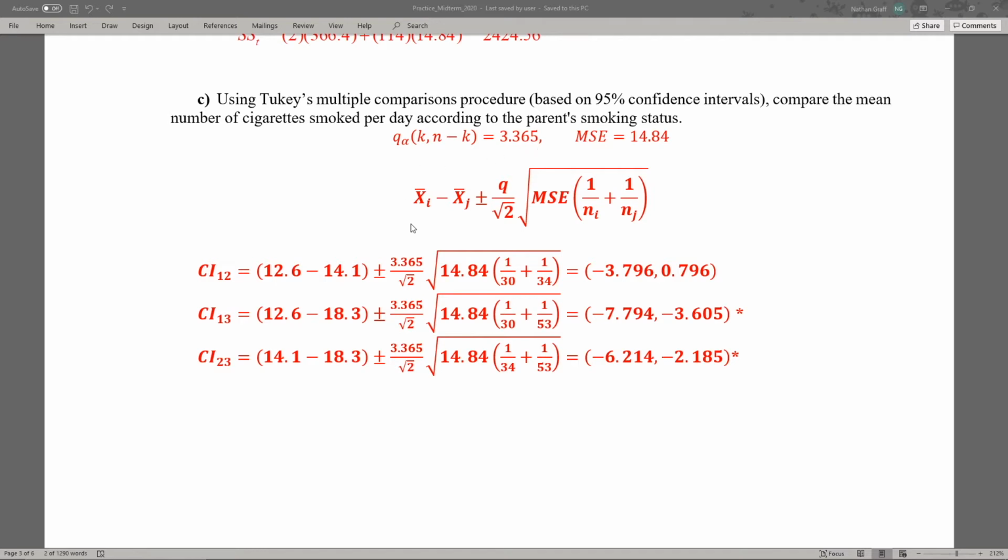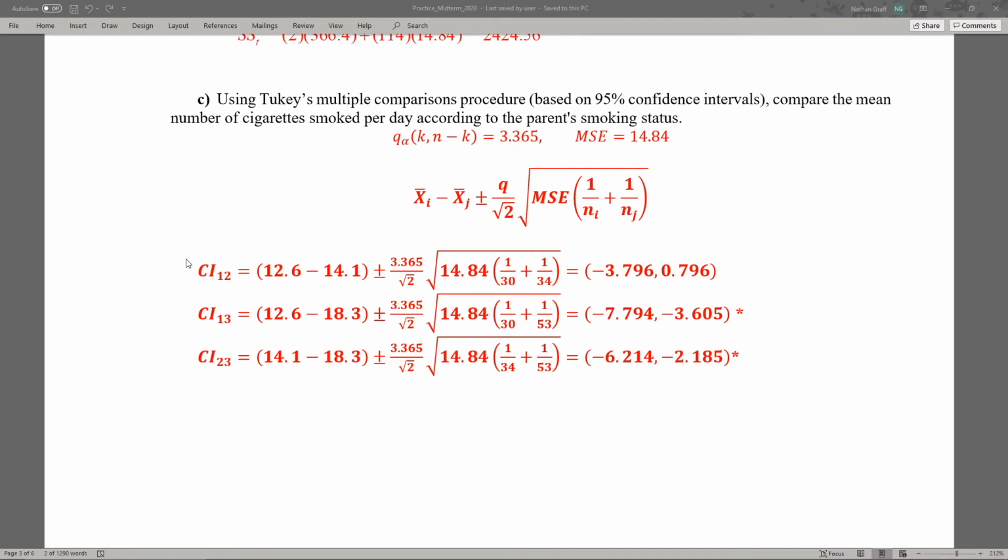So with those values, we can calculate the confidence intervals. The interval is calculated by taking the difference between the mean of the two groups, then adding and subtracting Q over the square root of 2, times the square root of the mean square error, times the sum of 1 over the two respective sample sizes.